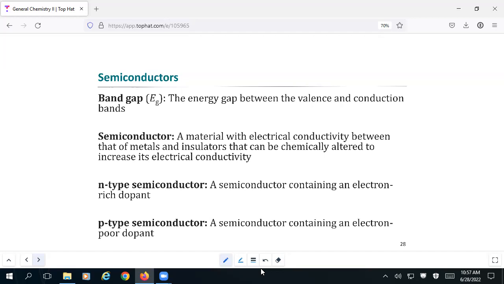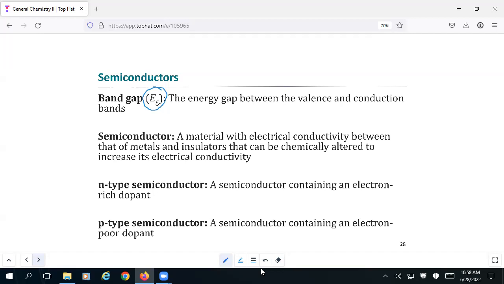Now the question becomes, what if we don't have that continuous band? What if the conduction band and the valence band don't overlap with each other? What if there is a gap between them? Well, if there is a gap between them, we call that a band gap. The band gap is a specific amount of energy that exists between that group of orbitals with electrons in it and that group of orbitals that is empty.